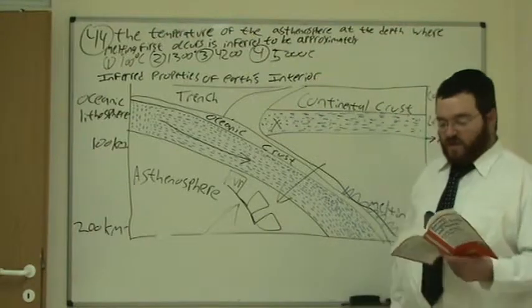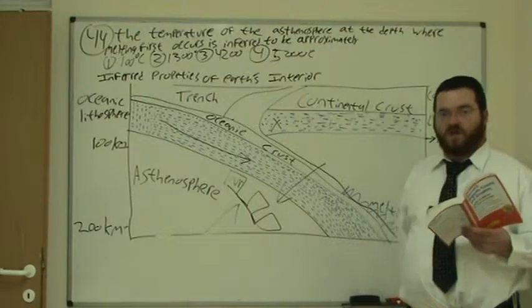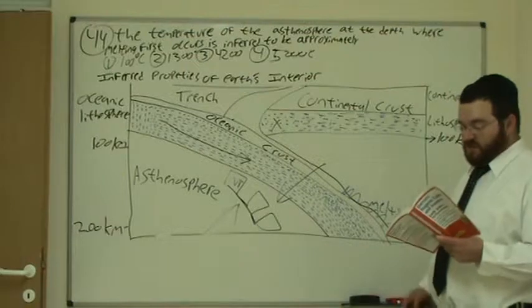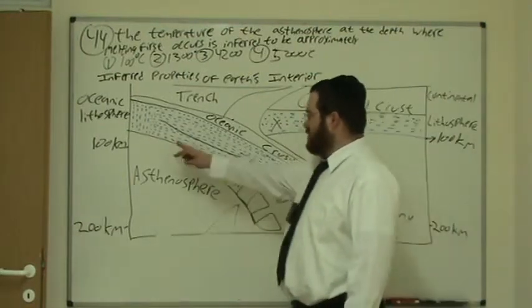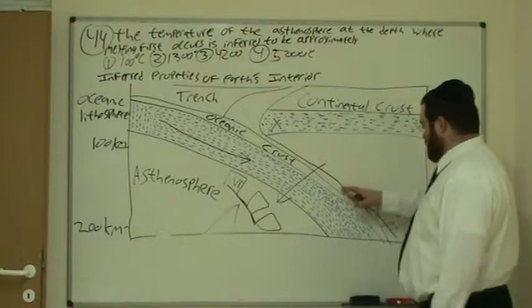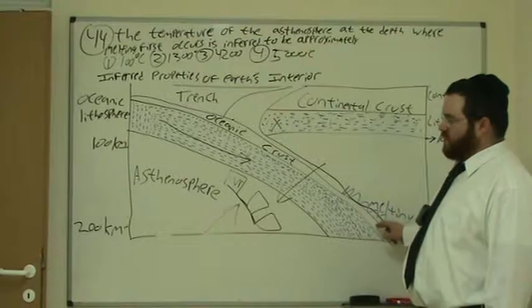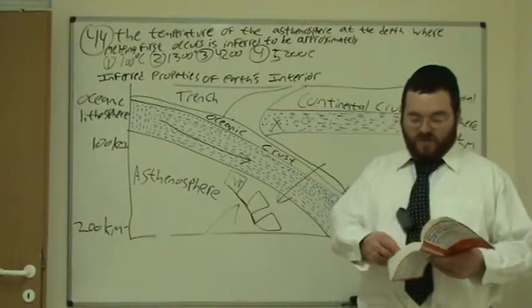Well, you're going to have to look at the Inferred Properties of Earth's Interior on your reference tables. In the Inferred Properties of Earth's Interior, we're looking for the asthenosphere, because it shows that's where the melting occurs, somewhere in the asthenosphere.